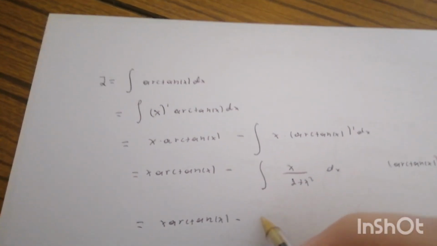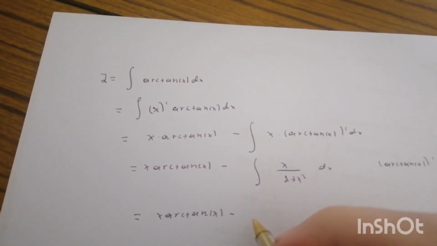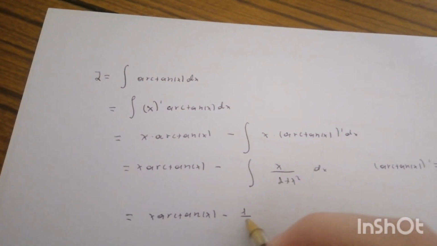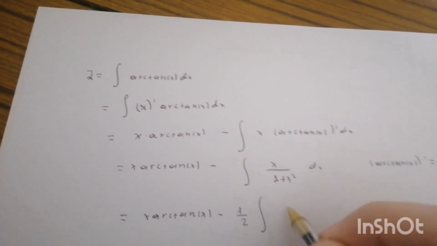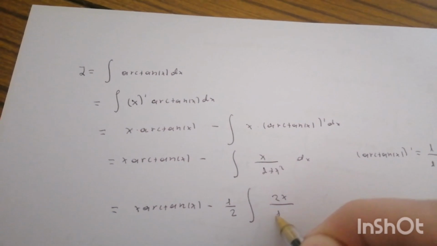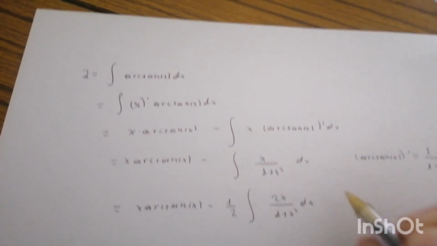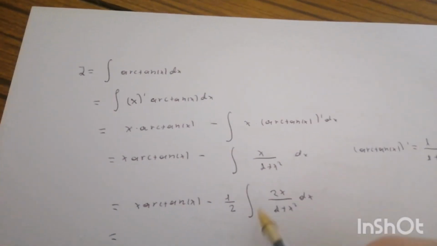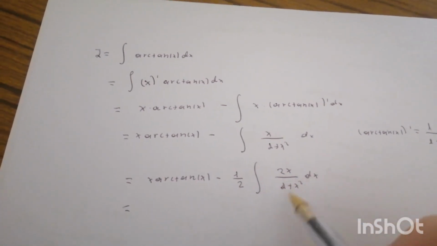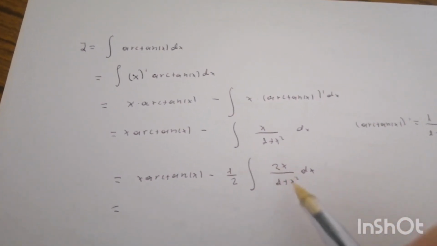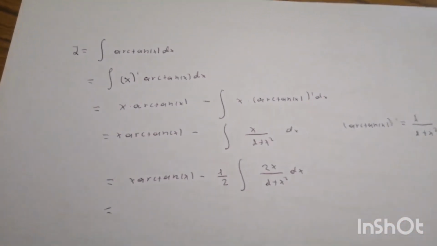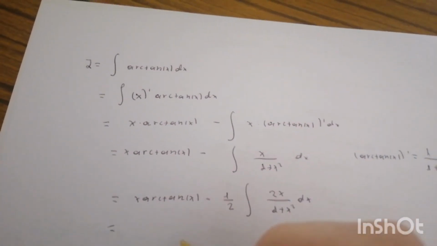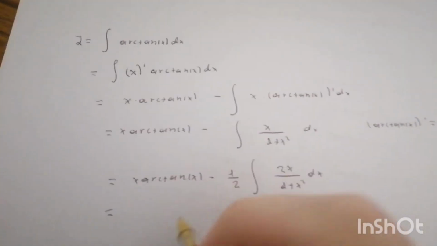And how do we do that? We multiply and divide by 2, so we will have 1 over 2 the integral of 2x over 1 plus x squared dx. Of course, one could do the substitution and introduce a new variable in the integral, but we don't want to do that here, just for the sake of simplicity.